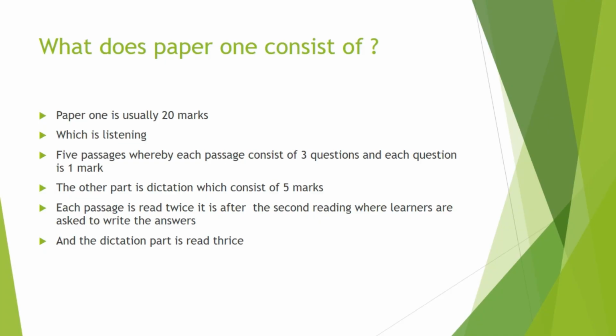Bismillah. So let's look at what paper 1 actually usually consists of. You have done some papers at your schools, and you know what the paper looks like from the papers that you have been doing. So basically paper 1 usually consists of 20 marks, and it is listening.